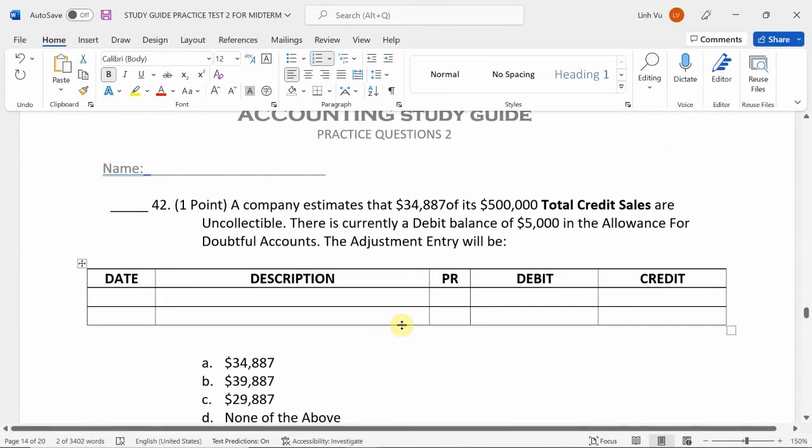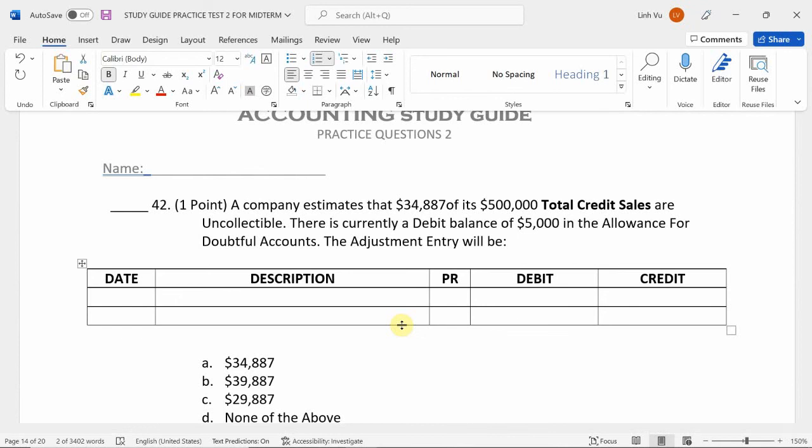Last one here for question 42. If a company estimates that 34,887 of 500,000 total credit sales is to be uncollectible, and there's currently a debit balance of $5,000 in the allowance for doubtful accounts, the adjustment entry will be, once again, we need to identify that this is the income statement method, right?